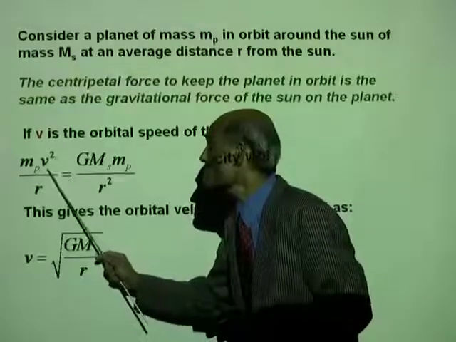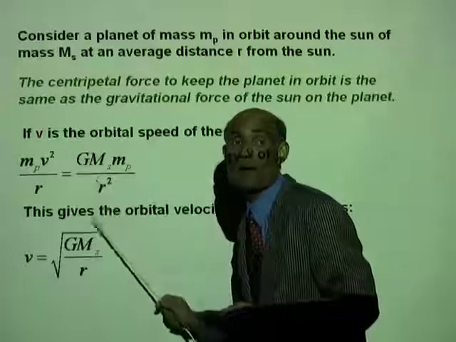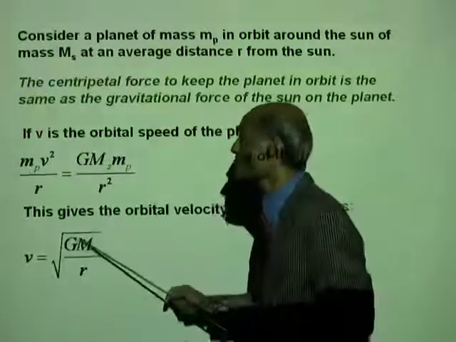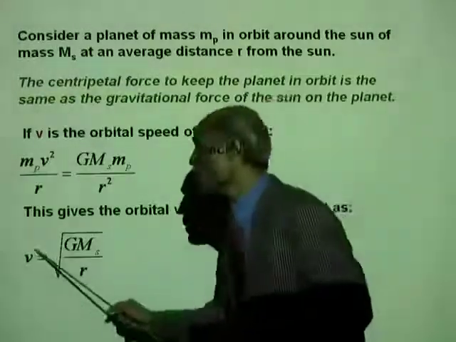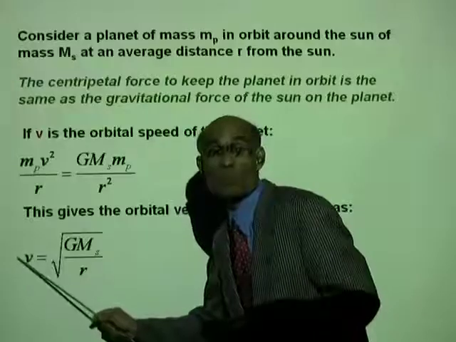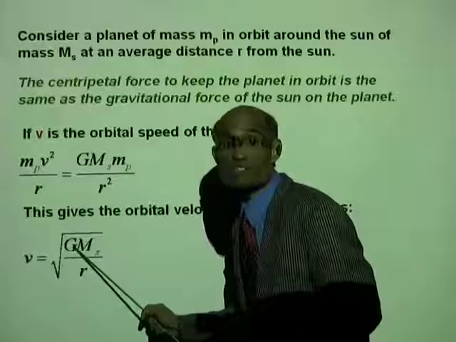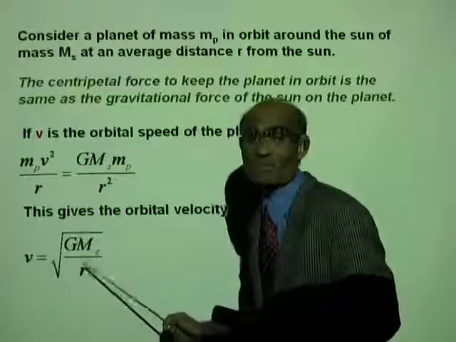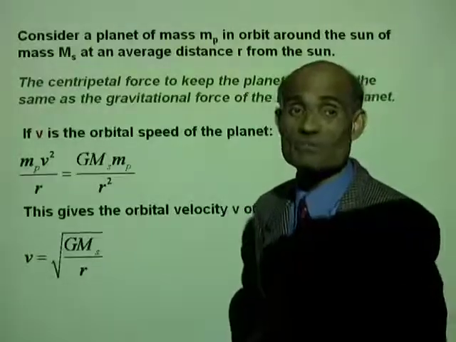That gives me v squared equals G M s divided by r, or v equals square root of G M s divided by r. The orbital speed of the planet is the square root of the universal gravitational constant times the mass of the sun divided by the average distance of the planet from the sun.